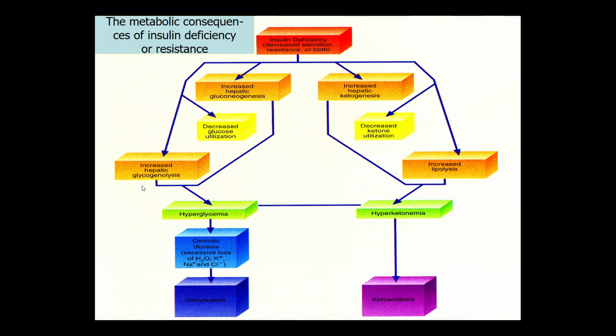Without insulin, glycogenolysis increases, the breakdown of glycogen in the liver and muscles. All of these reasons lead to hyperglycemia, an increased level of glucose in the blood.